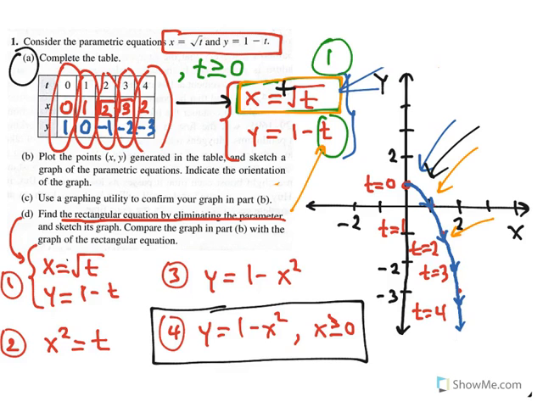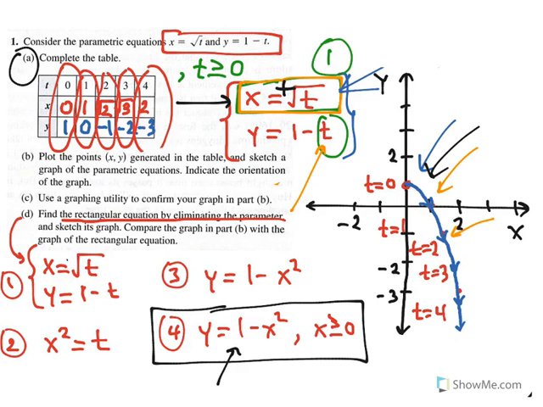So I rewrote all the steps on the bottom left portion of the screen. So we began with the set of parametric equations. We solved for t in one equation by squaring both sides of the equation, and then we substituted into the other equation, and we got our rectangular equation, y is equal to 1 minus x squared.